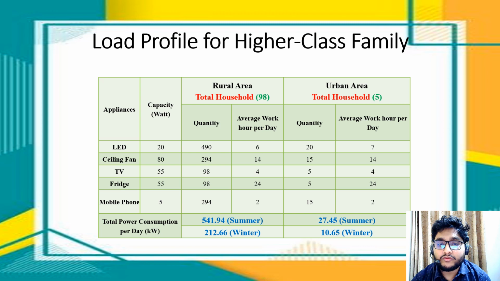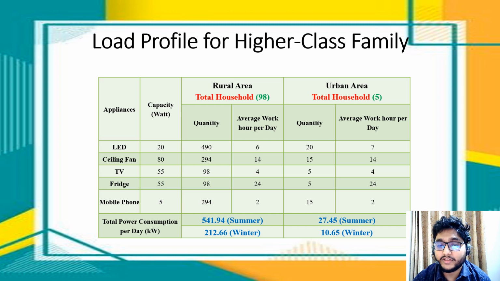Mainly they use LED, ceiling fan, TV, fridge, mobile phone, etc. The total capacity is also given here, and the total quantity for the 98 households we assume is: LED 490, ceiling fan 294, TV 98, fridge 98, mobile phone 294, and average working hours per day.